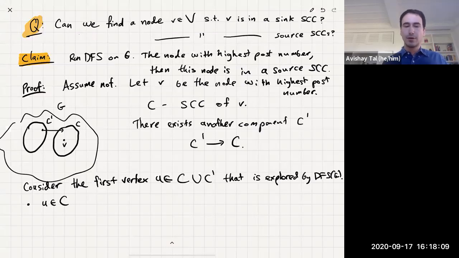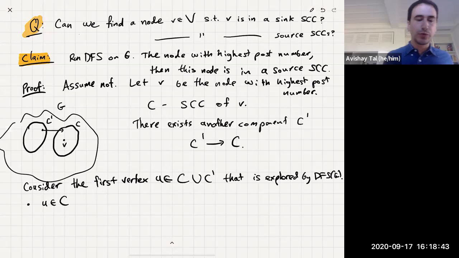What would happen? We start exploring, and at some point in our exploration, we reach U. When we reach U, we haven't explored any other vertex in C or any vertex in C prime. When we do the explore starting from U, we would reveal everything that you can reach from U. This is the property of DFS. When you start explore from a vertex, you reach every possible vertex that you can reach from it.